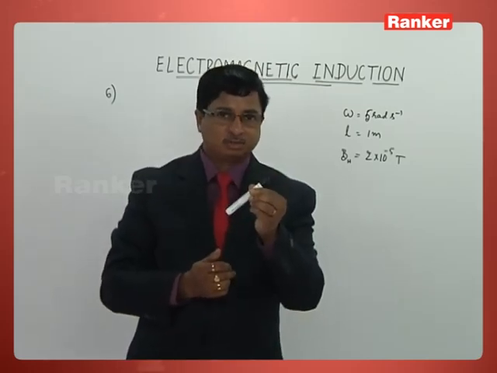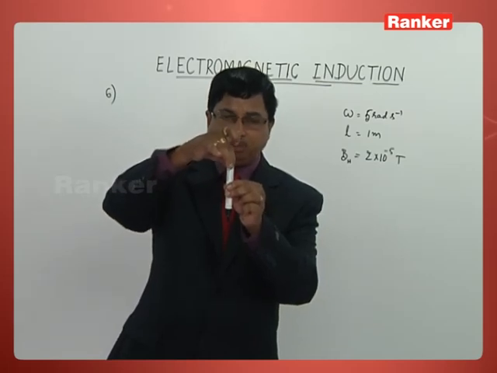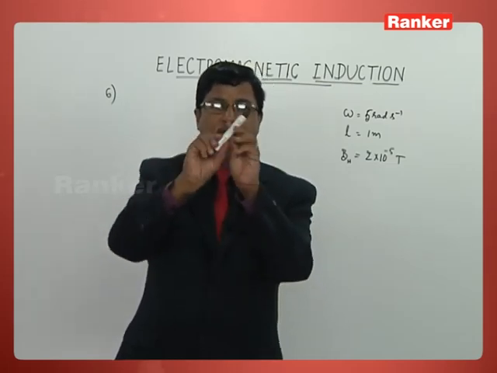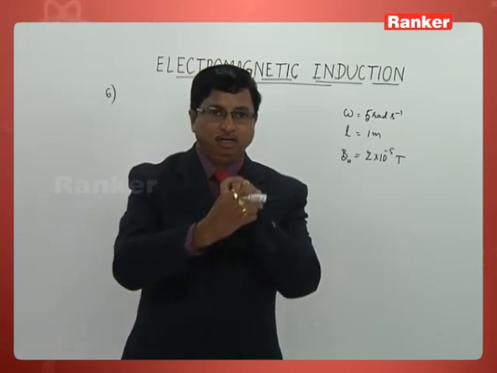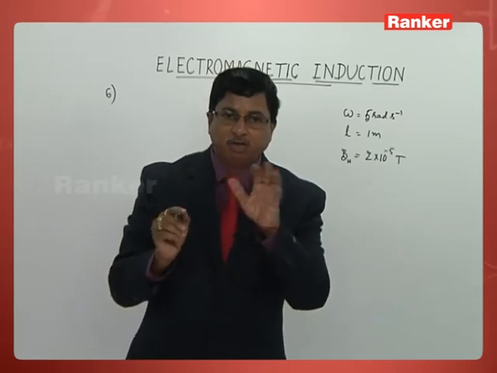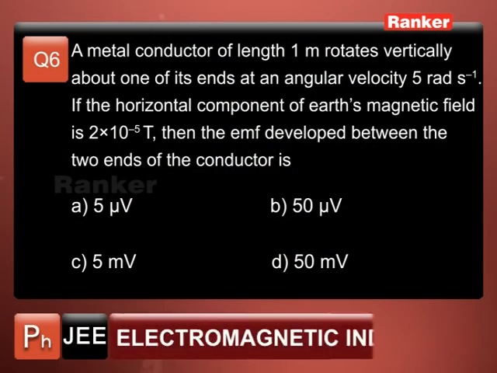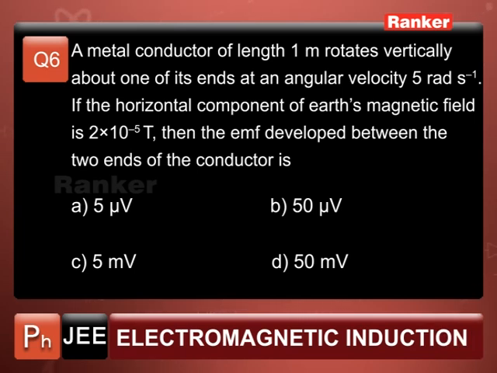That is the concept. With respect to this particular fixed point, the system is now rotating in a circular manner, in the vertical circle. That's what one has to understand from this. The options are given this way. The first option is 5 microvolt.